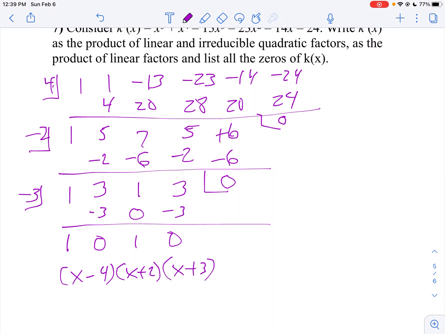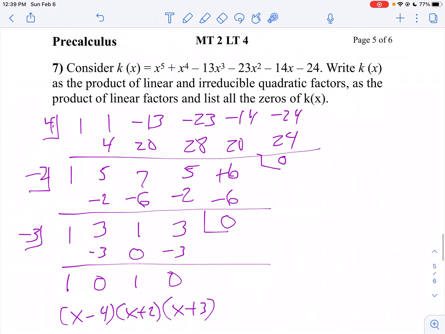Now remember, we started with x to the 5th power, so this is to the 4th, to the 3rd, squared. So I've got an irreducible quadratic here at the end, x squared plus 1 equals 0. That's the first part. I wrote it as a product of linear and irreducible quadratic factors.